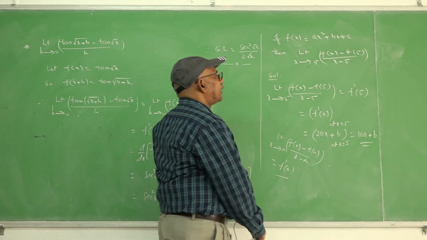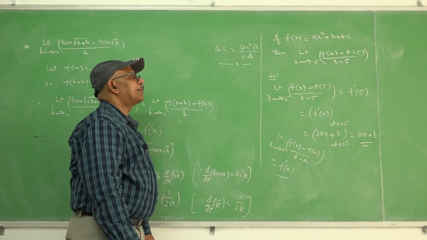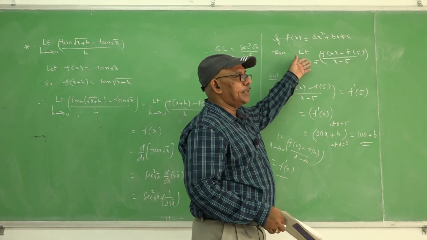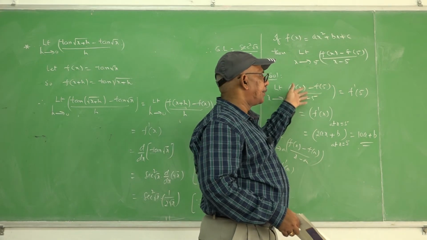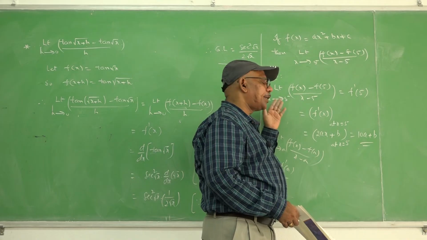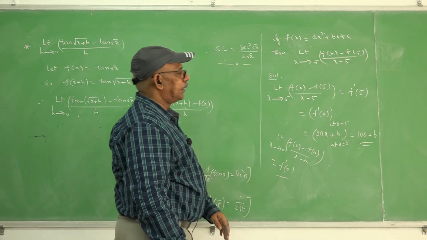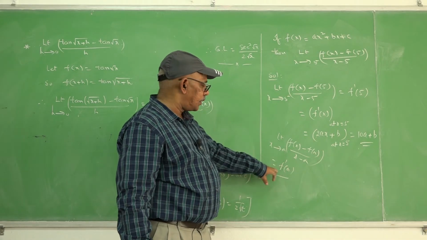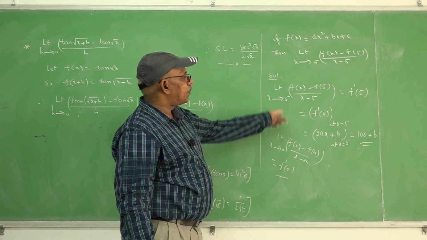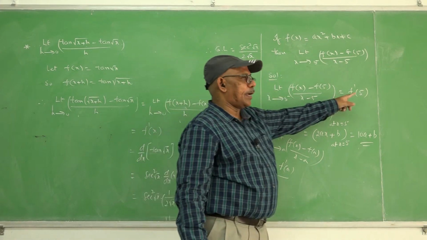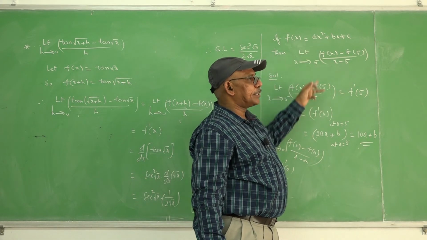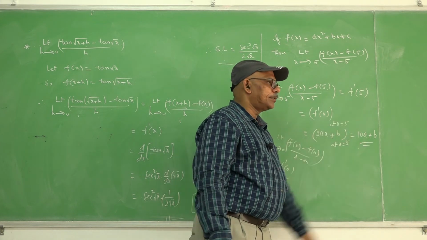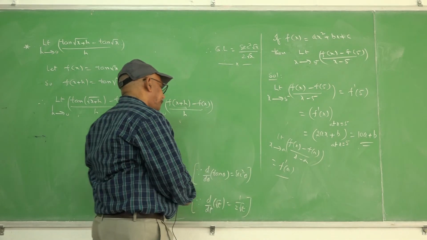This is the required limit as x goes to 5, f(x) minus f of 5 by x minus 5. Simply, I applied the differentiability definition at a particular point: limit as x goes to a, f(x) minus f(a) by x minus a is always equal to f dash a. Using this formula, straight away you can take that limit as f dash 5, taking the derivative of the function and taking x equal to 5 in that derivative, we get the required limit value.